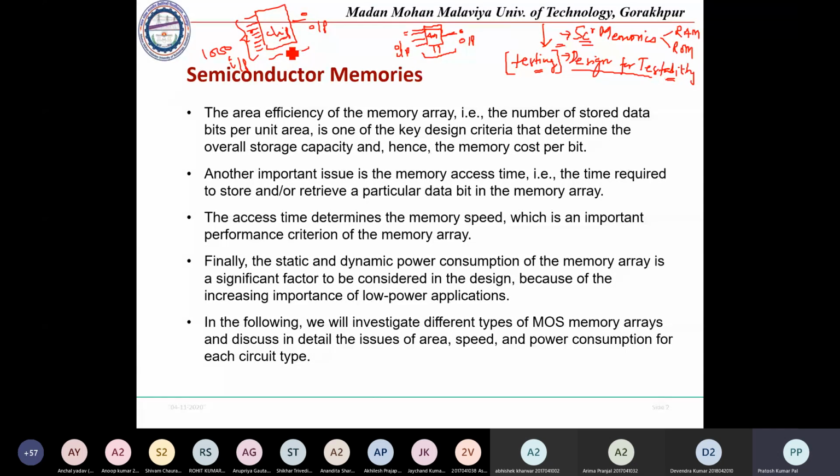In design for testability, we will see that if we are going to test a circuit, what kind of different faults can be there. After testing there will be some faults. What type of faults can be there and how these faults can be removed, we can use different methods to remove these faults also.